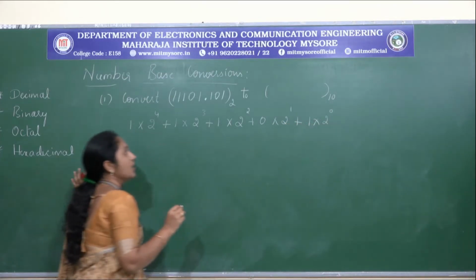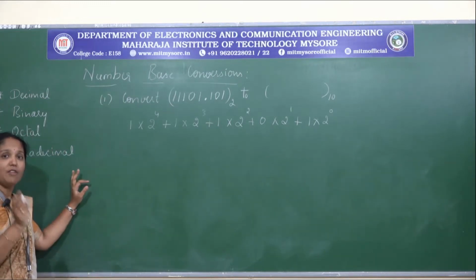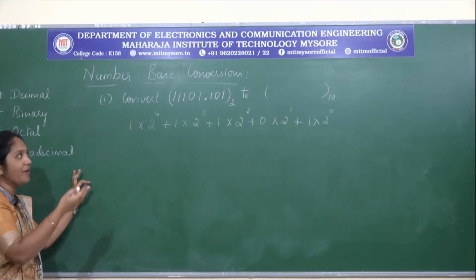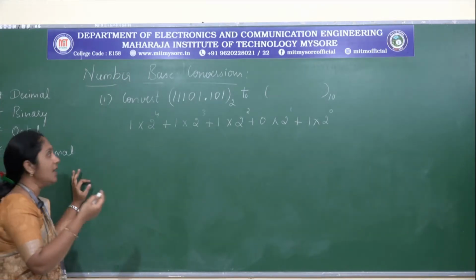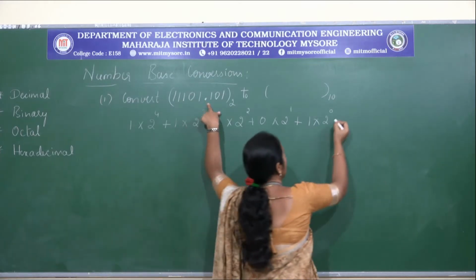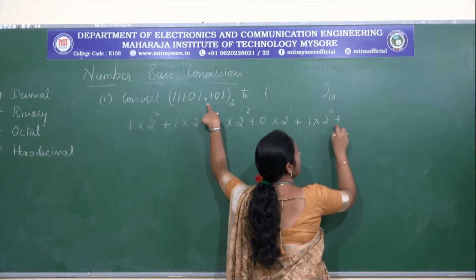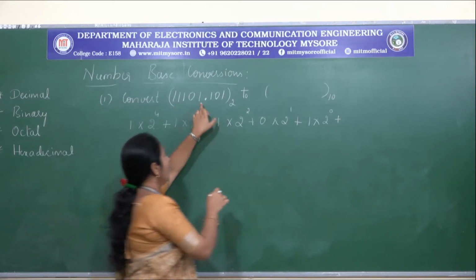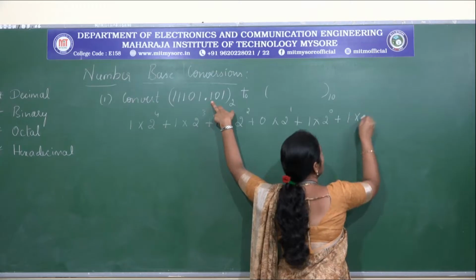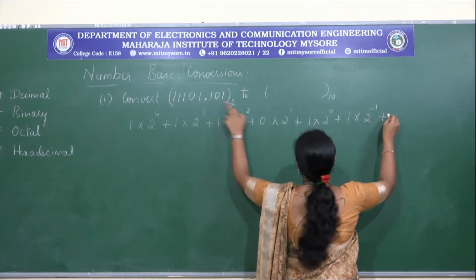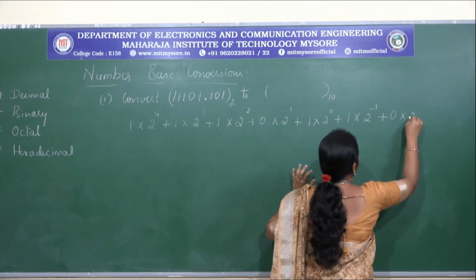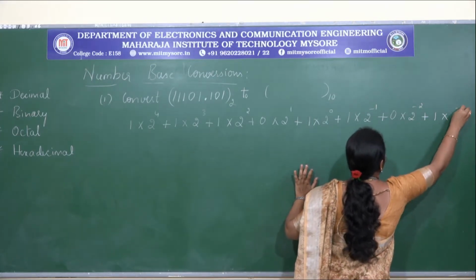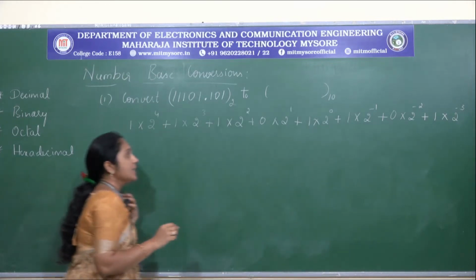After the decimal point, remember we need to consider the powers in negative, that is 2 power minus 1, minus 2, minus 3, etc. Here I have a decimal point, so you need not put the decimal point here. I will just continue by putting the plus sign. So plus 1 into 2 power minus 1 plus 0 into 2 power minus 2 plus 1 into 2 power minus 3.